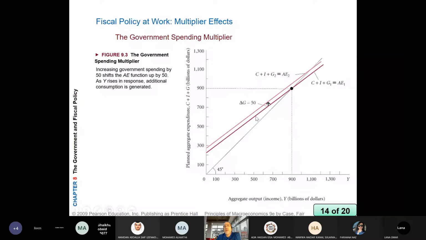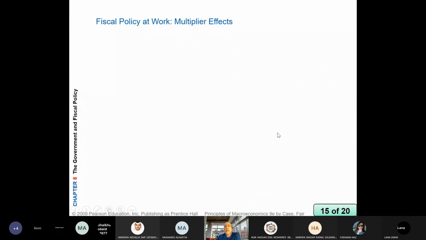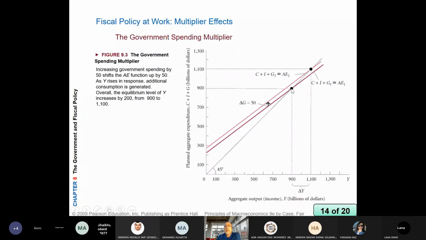So the dark red line is the original planned aggregate expenditure, which intersects with the 45-degree line. It determines this dot, let's say dot A, as the initial equilibrium point. If government spending increases by 50, just drag planned aggregate expenditure upward, keeping the vertical distance equal to 50.